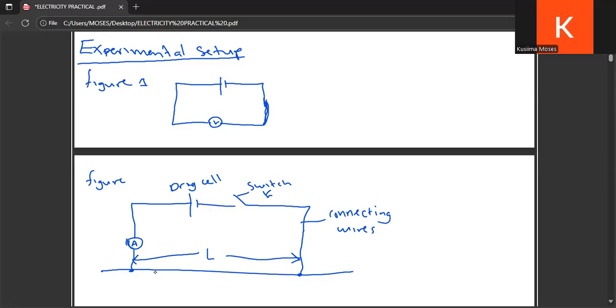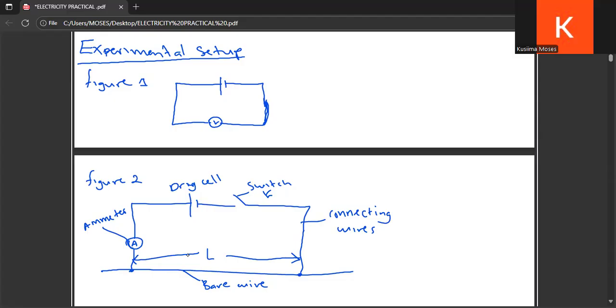Then here, this is going to be our ammeter. Then this is our bare wire. So this is our setup. This is figure two, because I'll be mentioning these figures in our procedures.